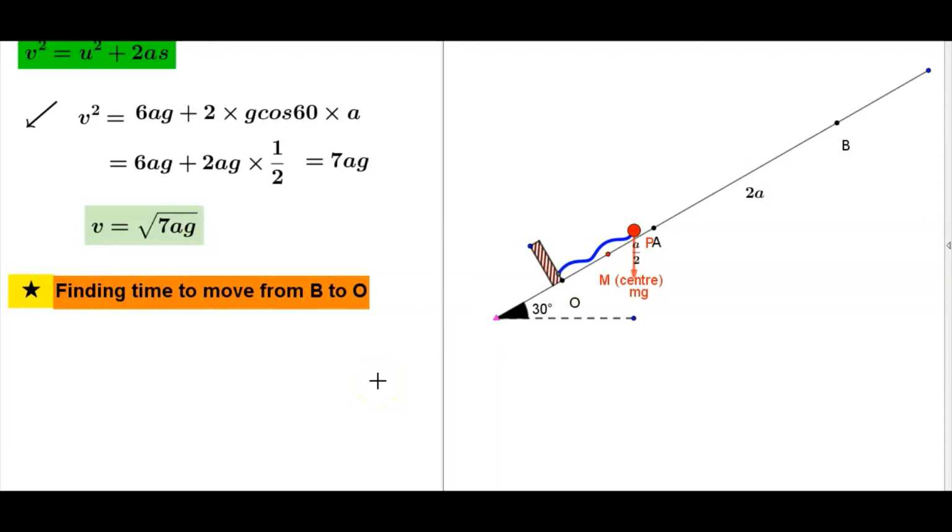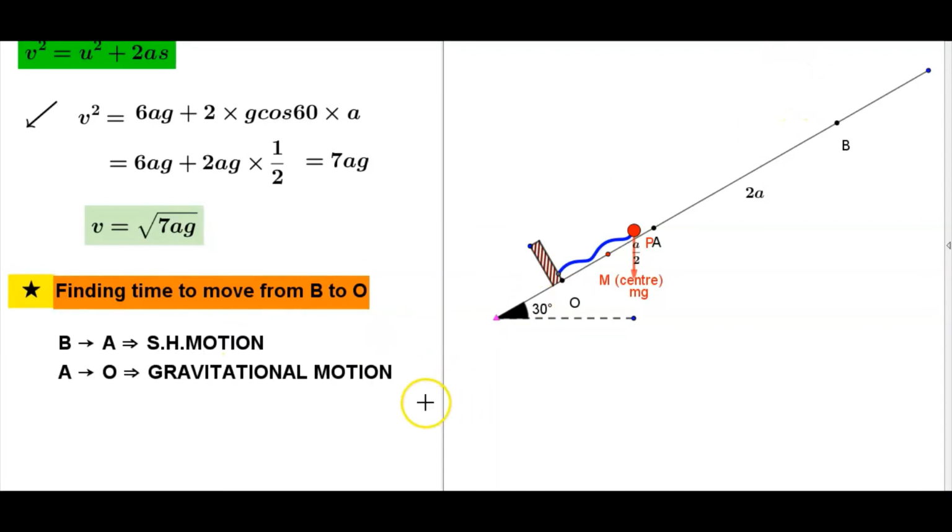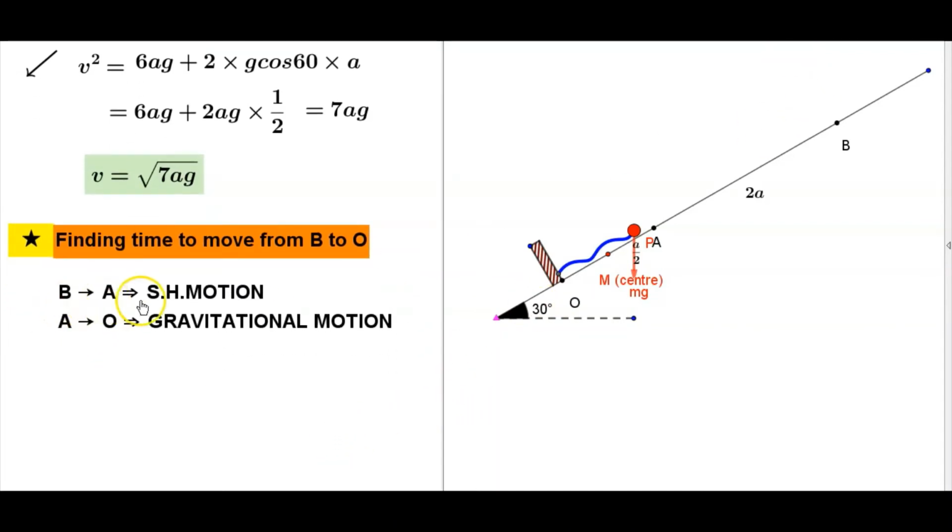Therefore, we want to calculate two times separately. From B to A, simple harmonic motion, then from A to O, there is no tension in the string, therefore gravitational motion.